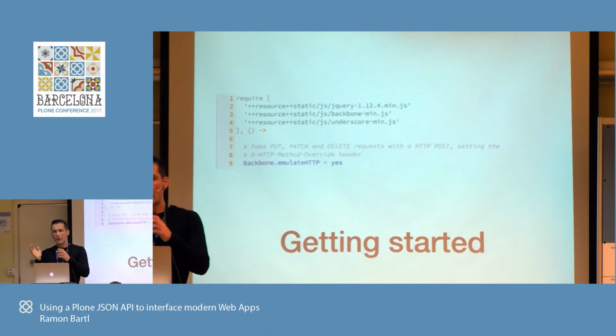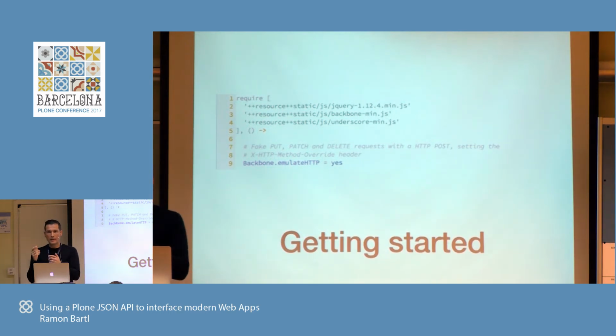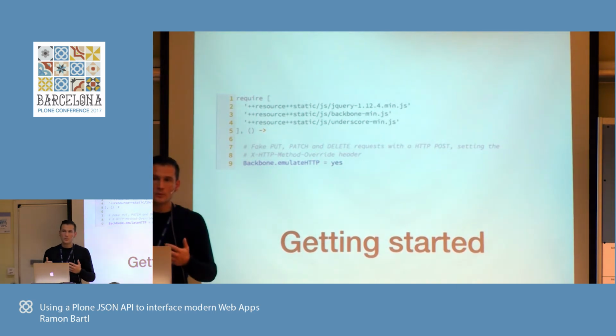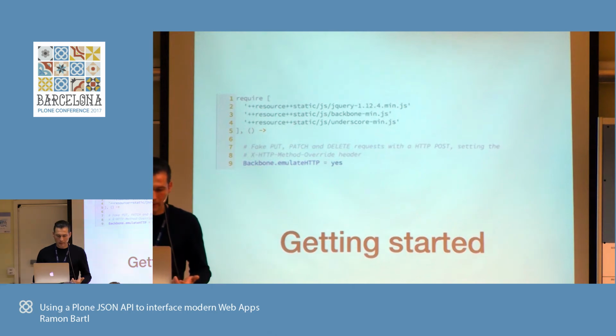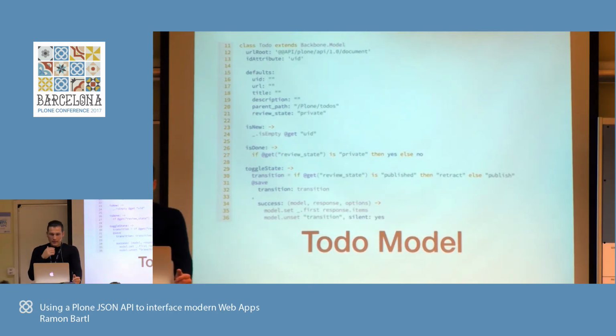Even if I say post and in the HTTP header there is, oh hey, that's a delete actually, then the JSON API routes knows, okay, this user wants to delete and not to update the object. But maybe this will change when Plone REST API is completely integrated, then we can make use of put and delete requests as well.